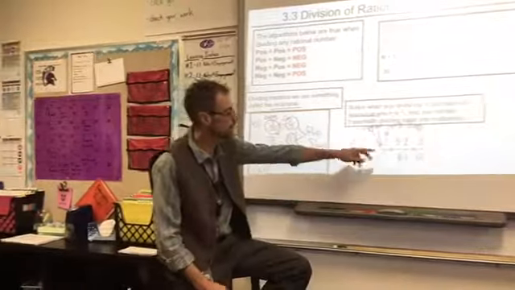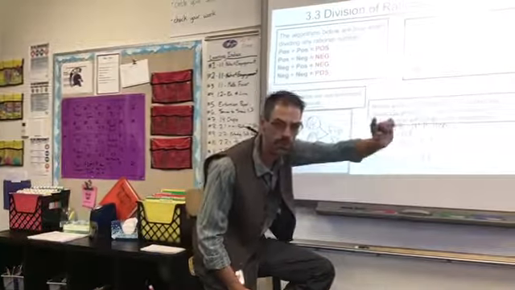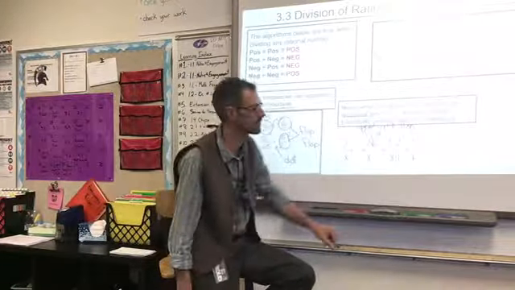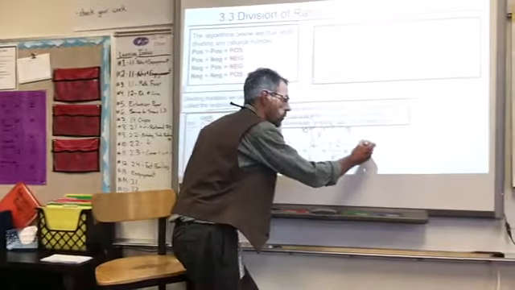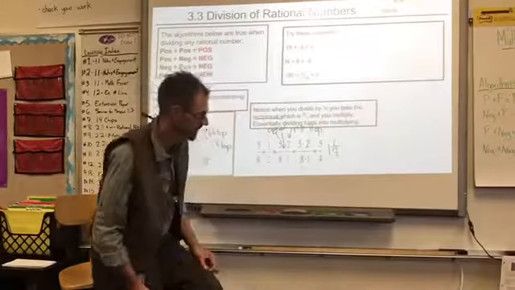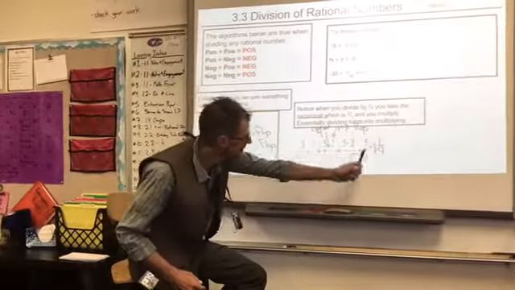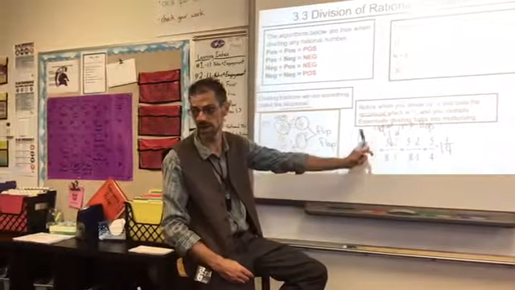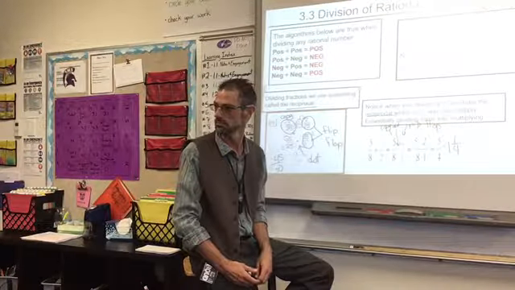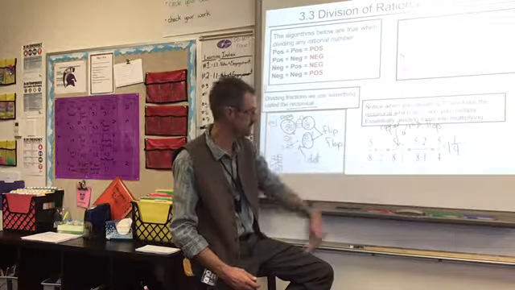Then it's multiplication straight across, and I get an answer of 5/4, or 1 1/4 if I reduce that. This is positive because I have a positive divided by a positive.